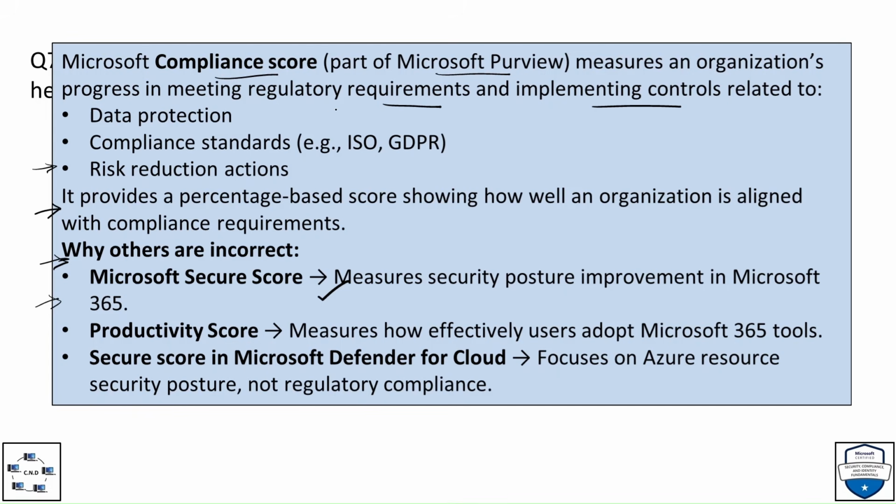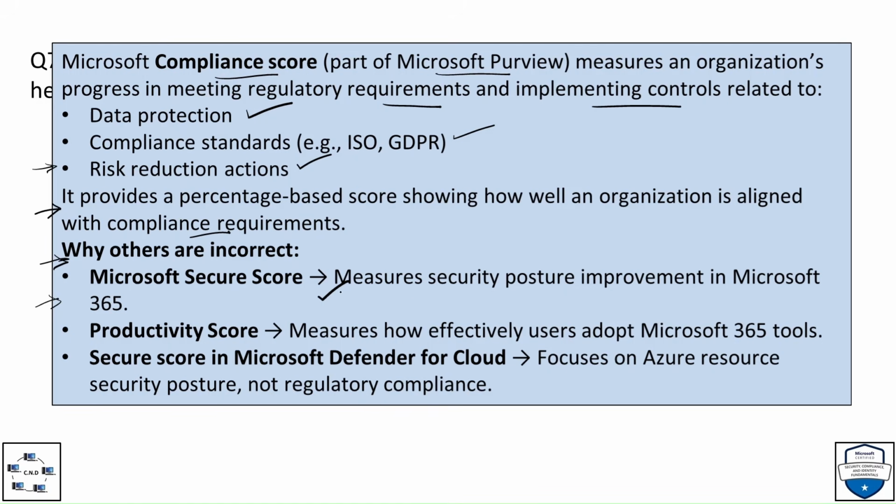organization's progress in meeting regulatory requirements and implementing controls related to data protection, compliance standards, for example, ISO, GDPR, and risk reduction actions. It provides a percentage-based score showing how well an organization is aligned with compliance requirements. So why the other options are incorrect?